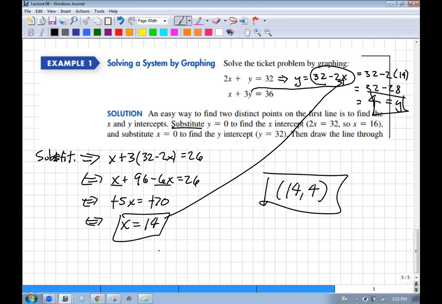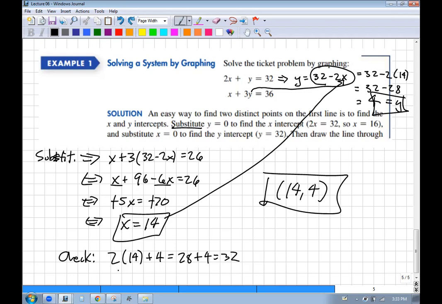And I can check my work. Let's check. First equation. If I replace the x with a 14 and the y with a 4, I'm going to get 28 plus 4, which is 32, which is the other side of the equation, and I have to check the other one as well.